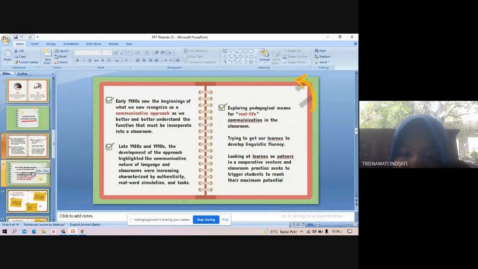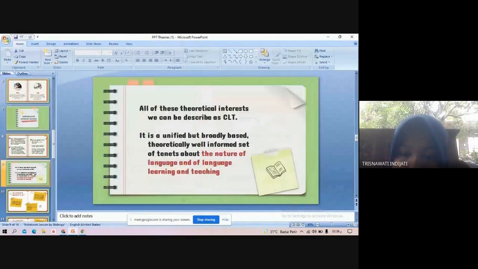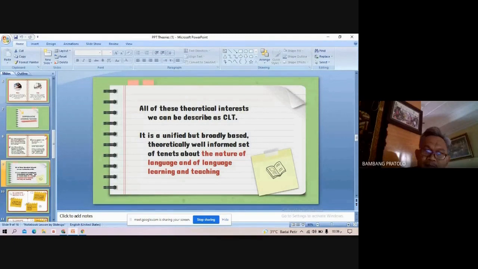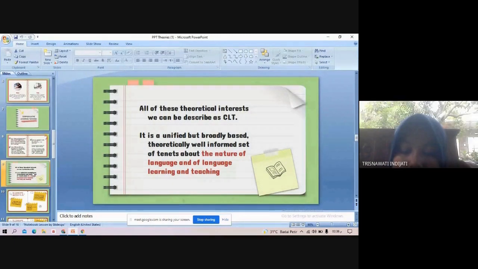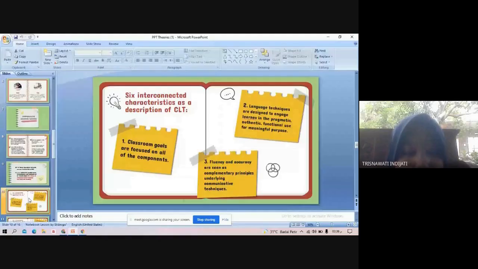Slide 10. 6 interconnected characteristics as a description of CLT. 1. Classroom goals are focused on all of the components. Tujuan kelas difokuskan pada semua komponen: grammatical, discourse, functional, and strategic. 2. Language techniques are designed to engage learners in the pragmatic, authentic, functional use of language for meaningful purposes.